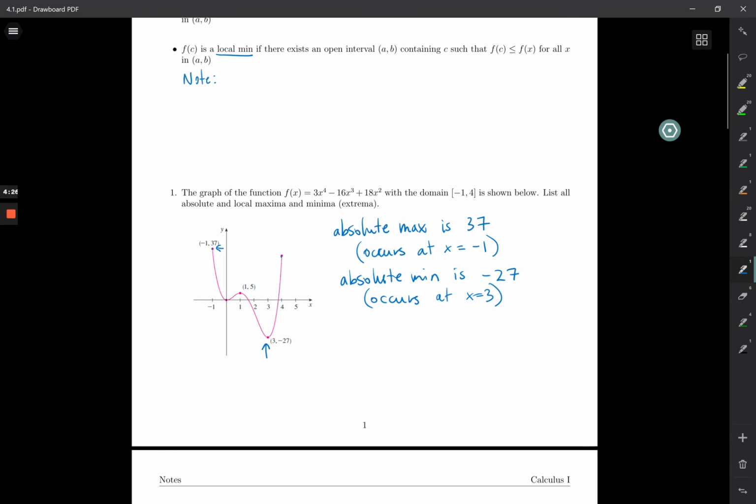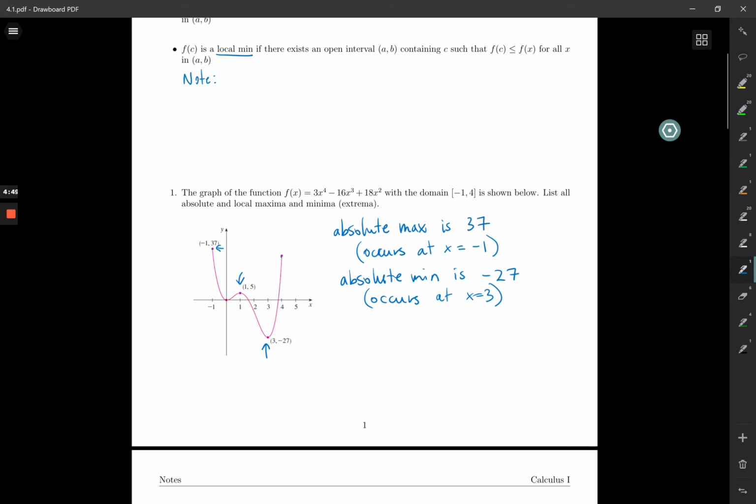Let's start with local max. A local max occurs when it's the highest point compared to nearby points. If we're looking at this point right here on the graph, see that it's the top of this sort of hill. It's at the very top, we have a highest value compared to what's going on around it.